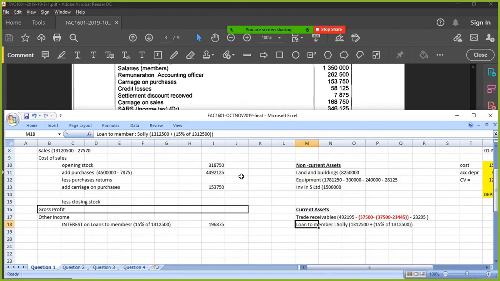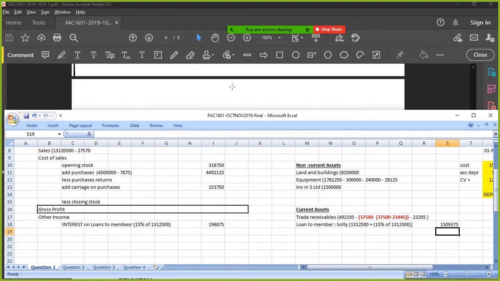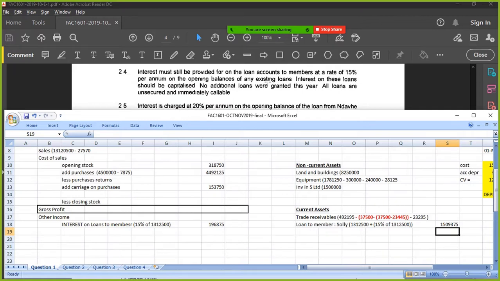Okay, and then obviously adding up all of that. Okay, that's it. All right, that's another one complete. Interest, good. It's capitalized, perfect. I've shown it there, I've shown it there, great.